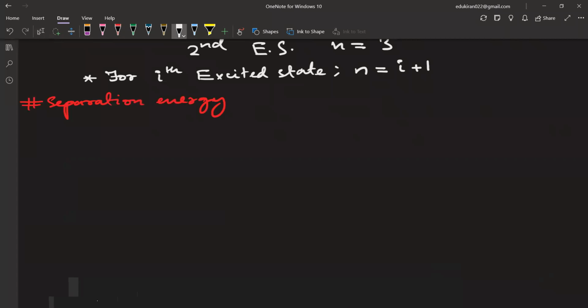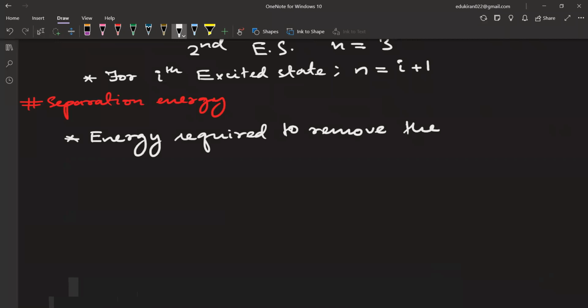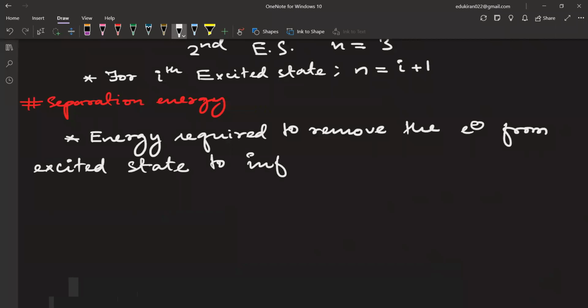The amount of energy required to remove the electron from excited state to infinity. It is known as separation energy.